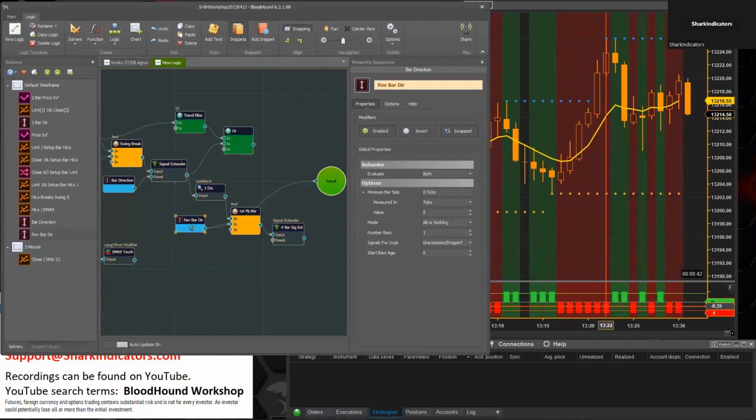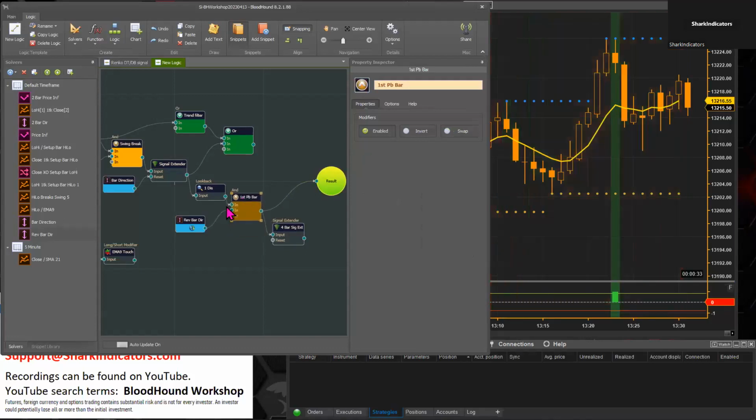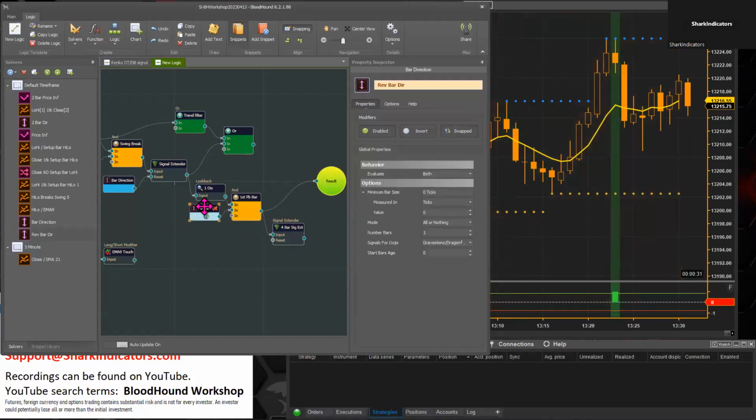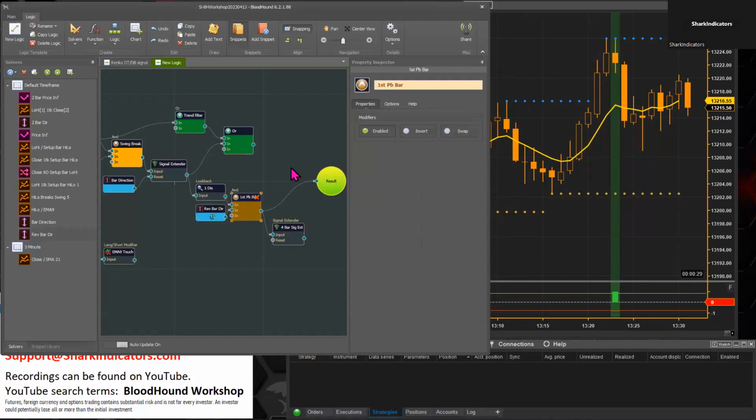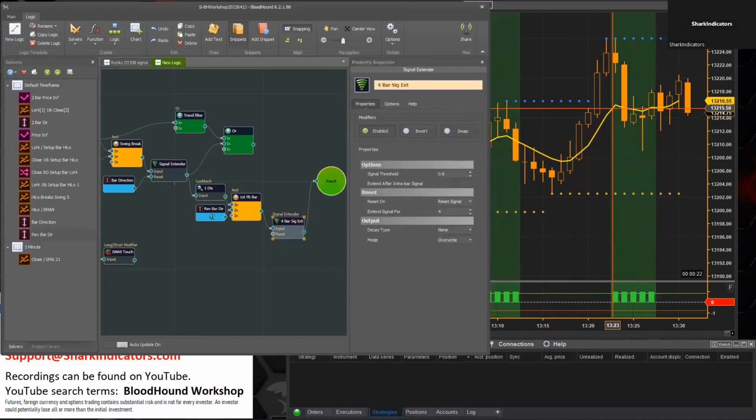So now we have short output on up bars, and on down bars, we have a long output, right? So when you combine that with an AND node, there. So now this is our first pullback bar. There we go. So now when we look at the signal extender, there you go.